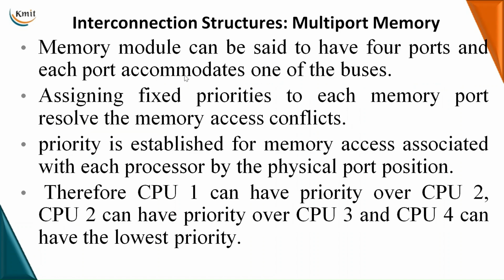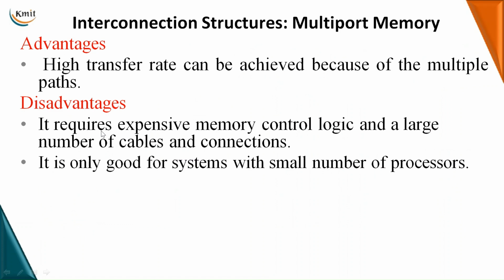This is how conflicts are resolved in a multi-port memory. Coming to the advantages, a high data transfer rate can be achieved because of multiple paths. And the disadvantage is that it requires expensive memory control logic to be implemented in order to check the priorities.